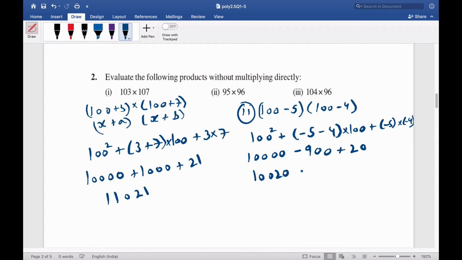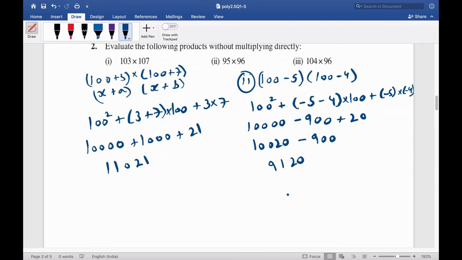So I will get 10,020 minus 900. So 10,020 minus 900 will now give me 9,120 positive.